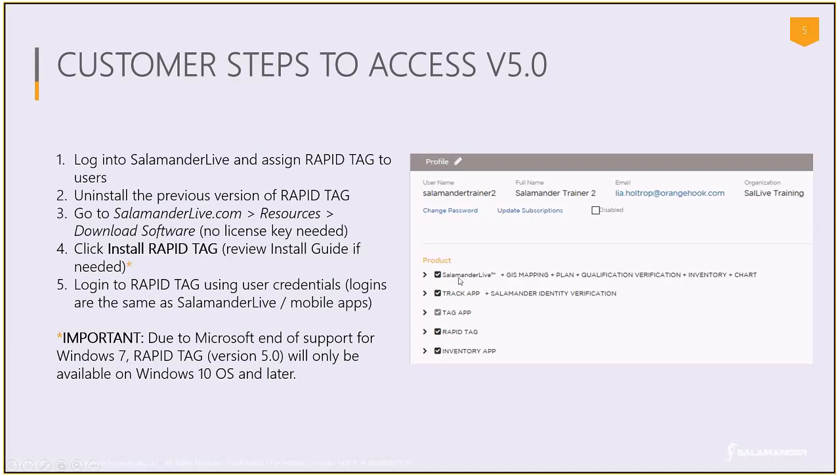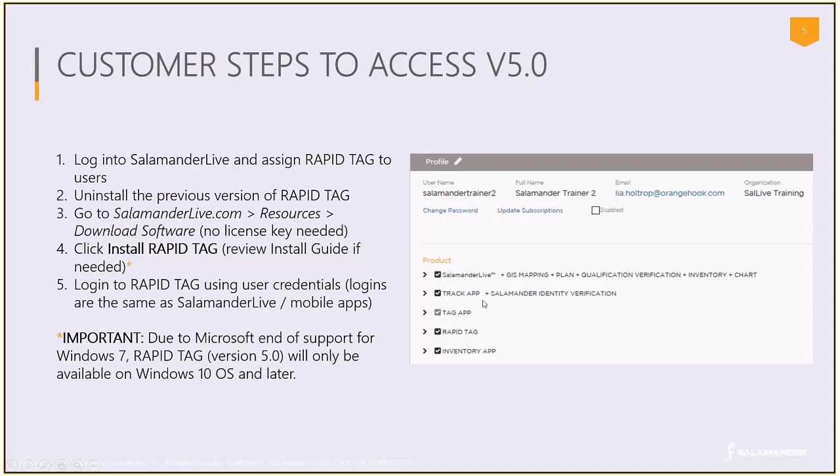Now, if they already have Salamander Live and any of the track apps, you don't need to assign any additional roles or organizations. It's basically going to use that. So let's say they have Salamander Live and they're set up as an administrator. If you put RapidTag under that, they're going to have administrative access for RapidTag, which basically means that they'll be able to log in.